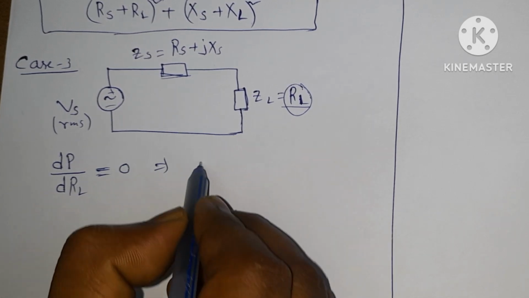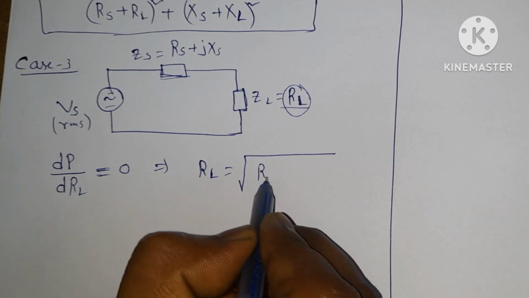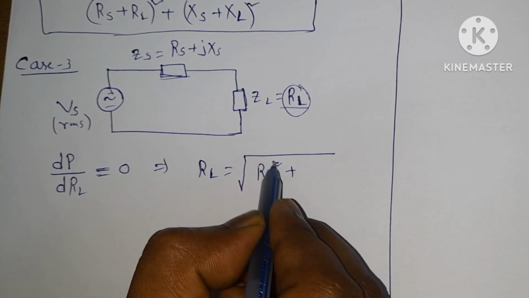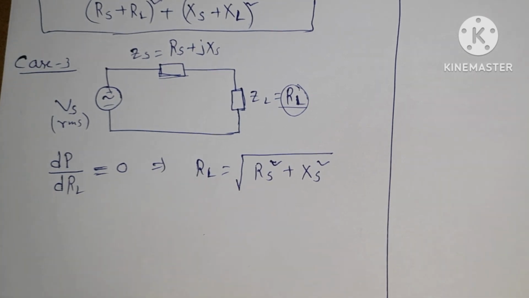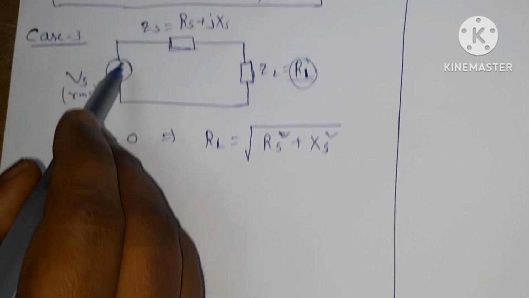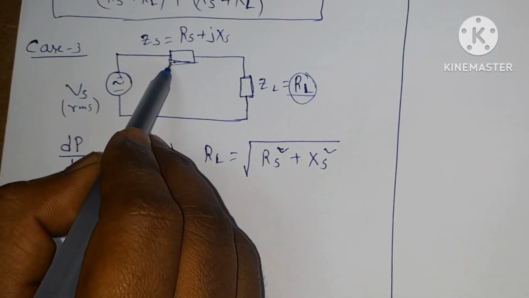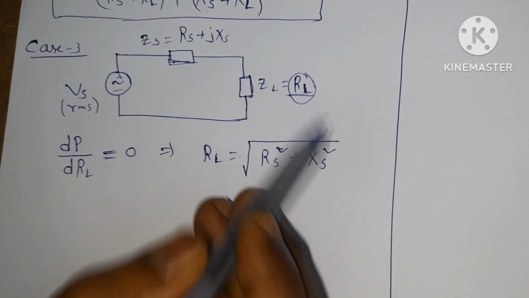Then you will get the condition RL is equal to square root of RS square plus XS square. This is the condition for maximum power transfer when the source impedance is complex and the load impedance is pure resistance.